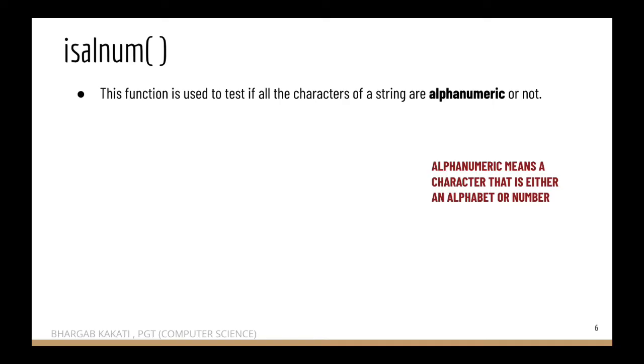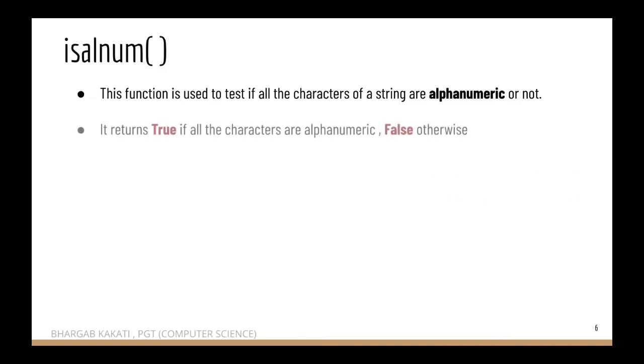So it will check if all the characters of a particular string are either a letter or a number. It returns true if all the characters are alphanumeric, false otherwise. Even if one character is not alphanumeric, it will return false.